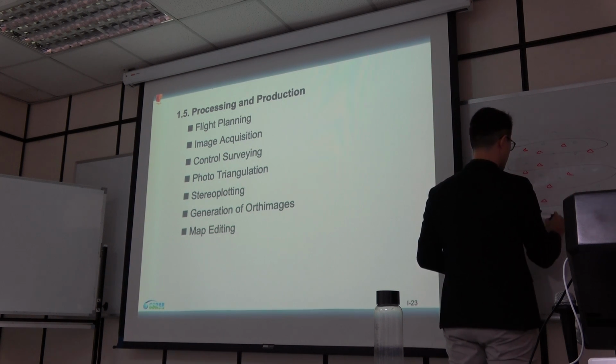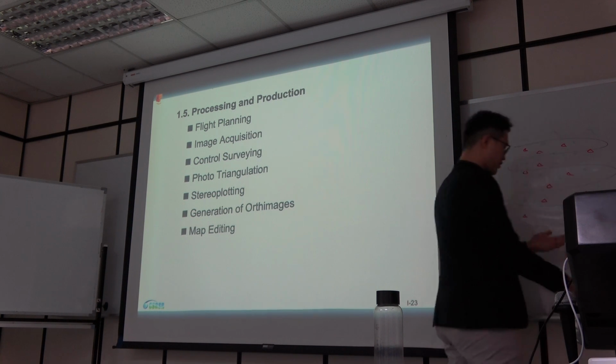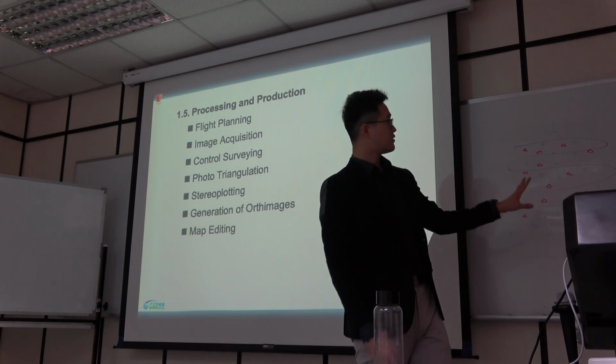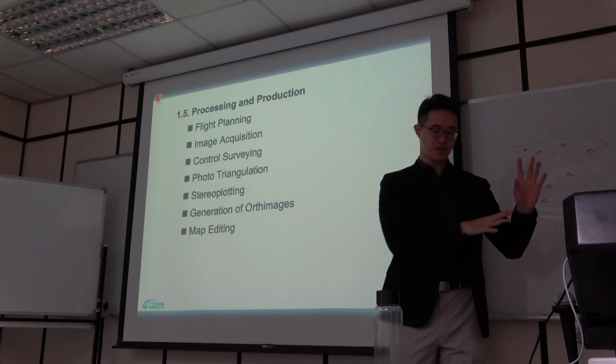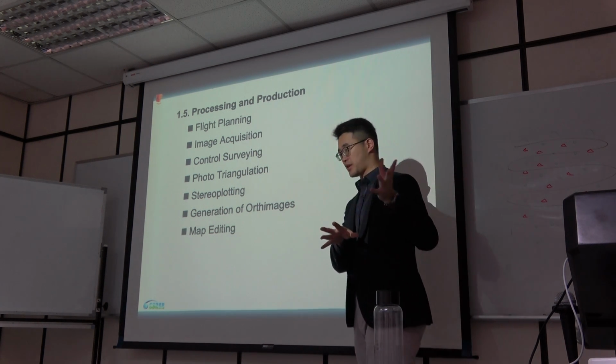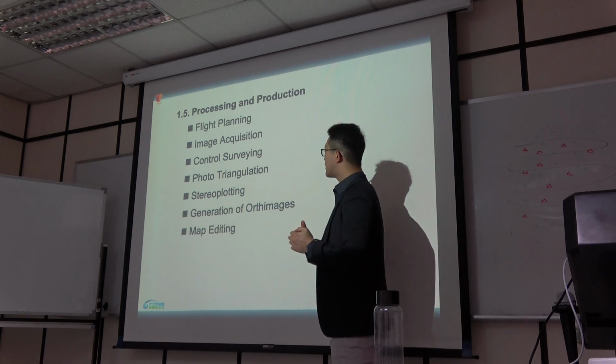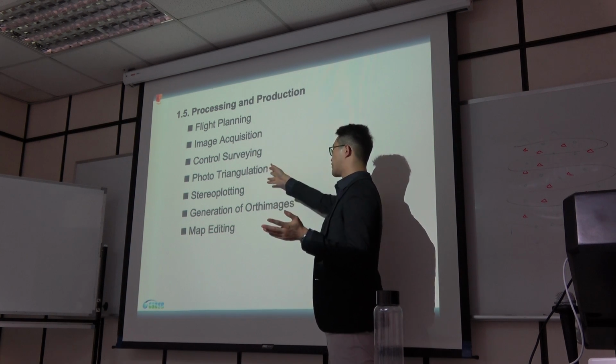In this case, the whole area of interest can have lots of object space coordinates. Okay. So in this case, that's the photo triangulation.